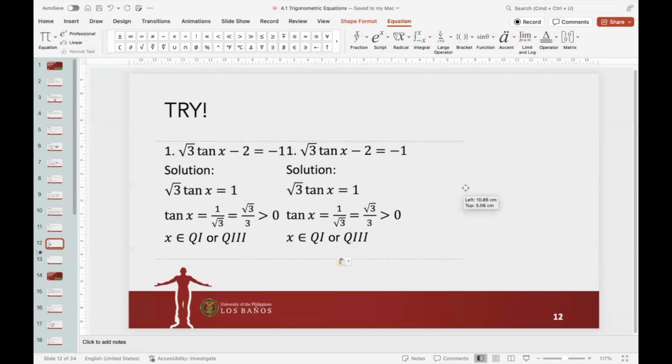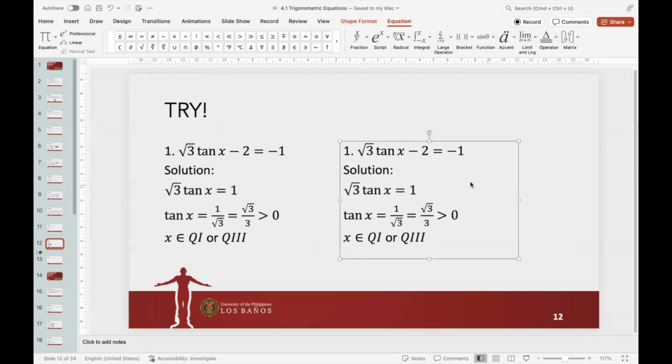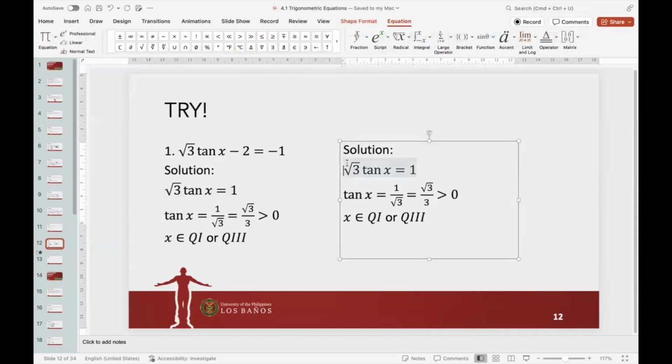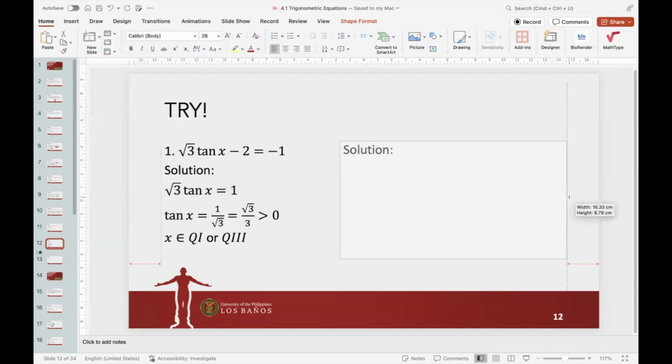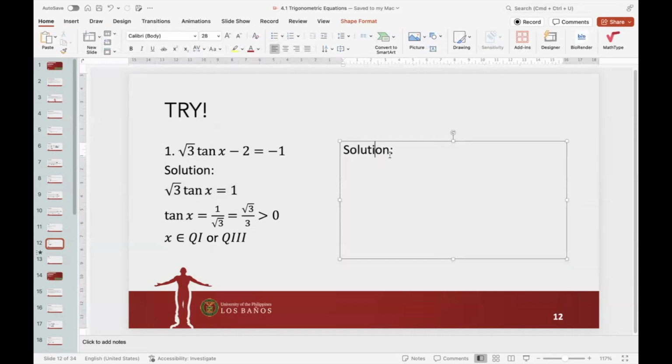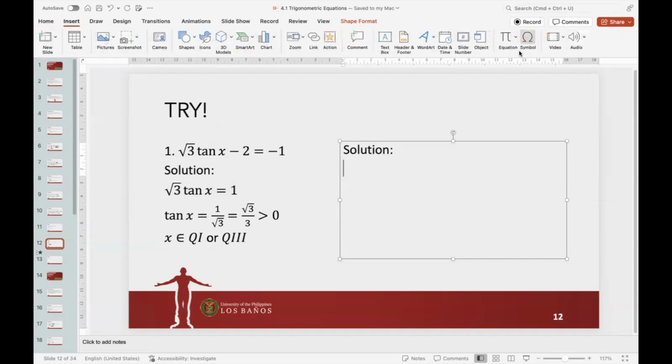So now, take note that tangent is equal to square root of 3 over 3.